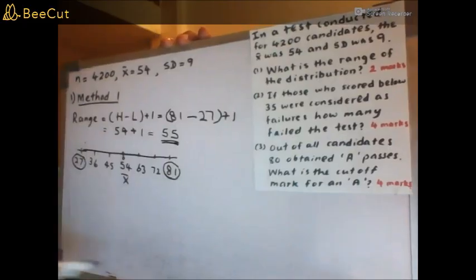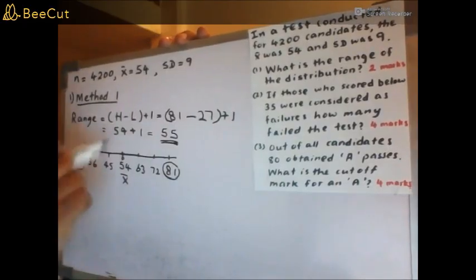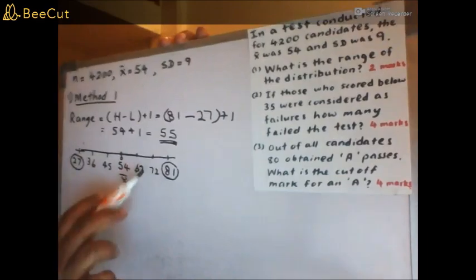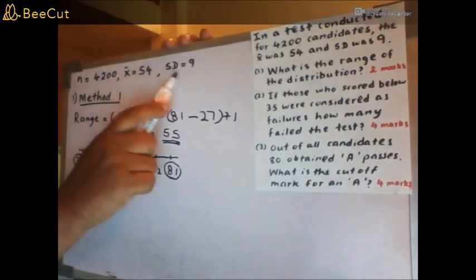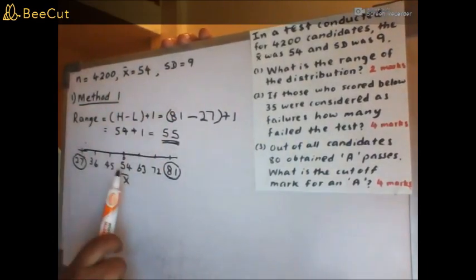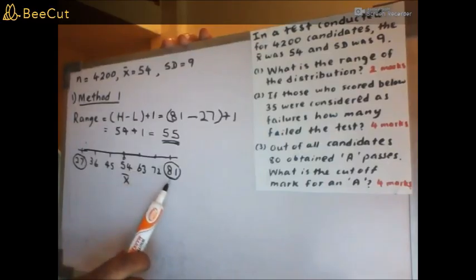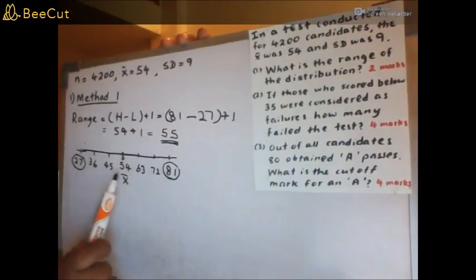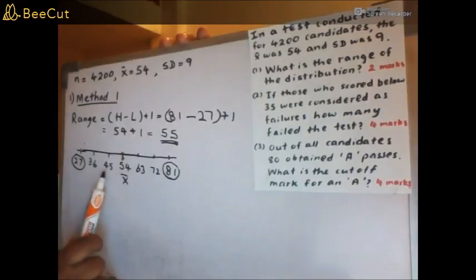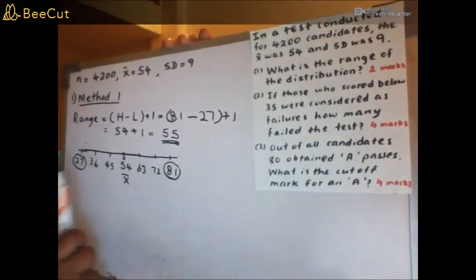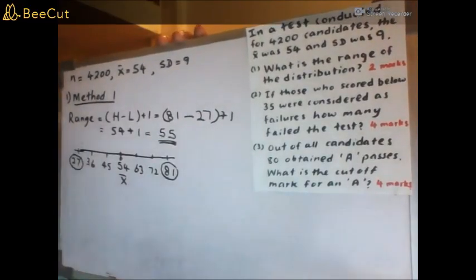This is the easiest method: 54, then count 3 standard deviations above. Now if the standard deviation is 10, then 54, 64, 74, 84 is the highest. Down here 54, 44, 34, 24. 24 is the lowest. Then get the difference and add 1. That's the way to find the range.